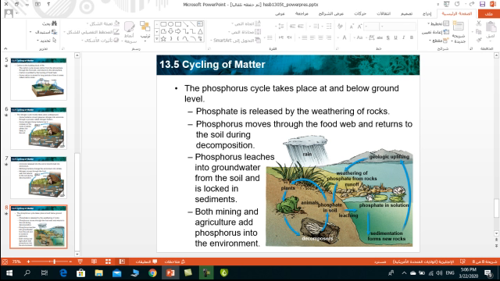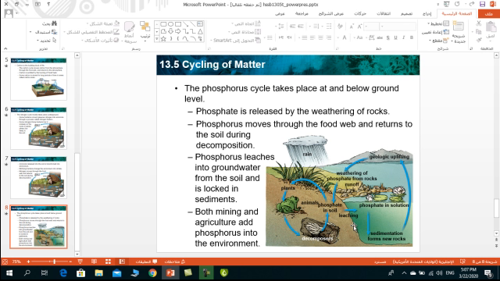So after weathering of the rocks, the phosphorus is used by plants and fungus, and returned back after use by the consumers, and it returns to the soil when the decomposers break down the dead organisms, which contain mainly phosphorus.